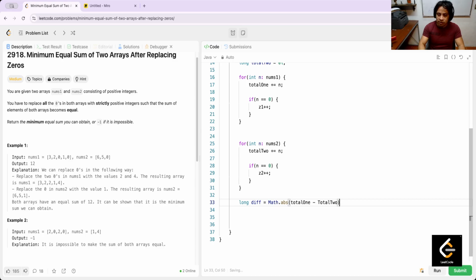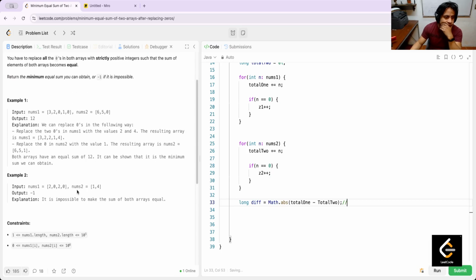In this case, I get the difference between both. For example, 4 and 5, the absolute value is equal to 1.